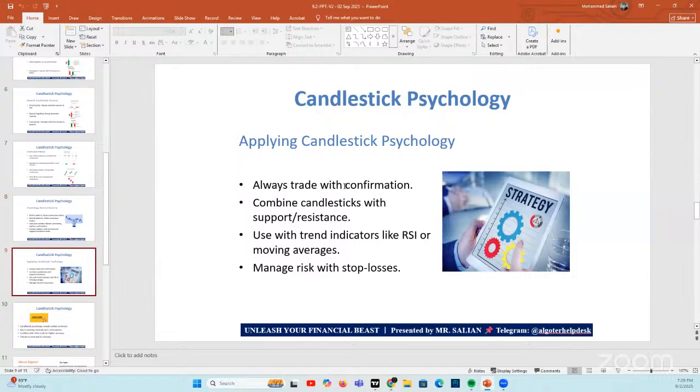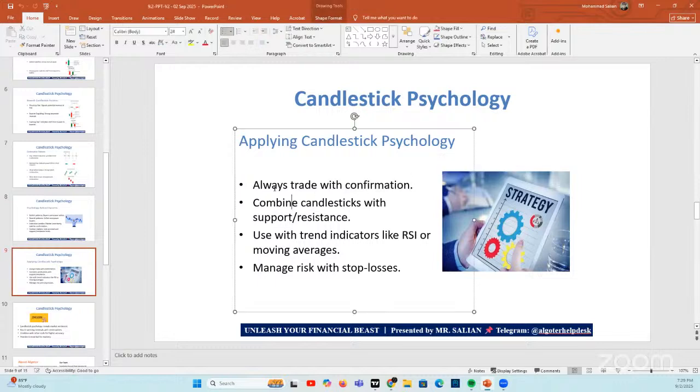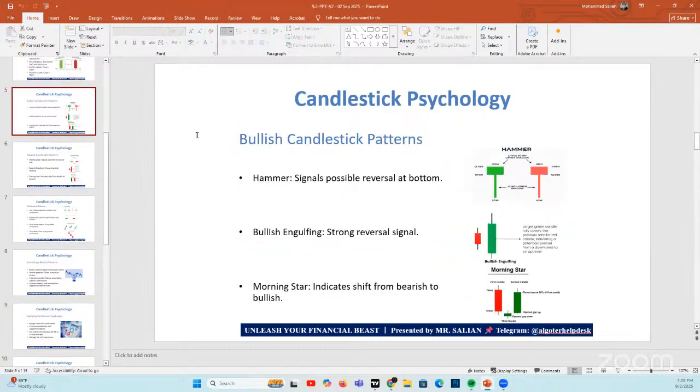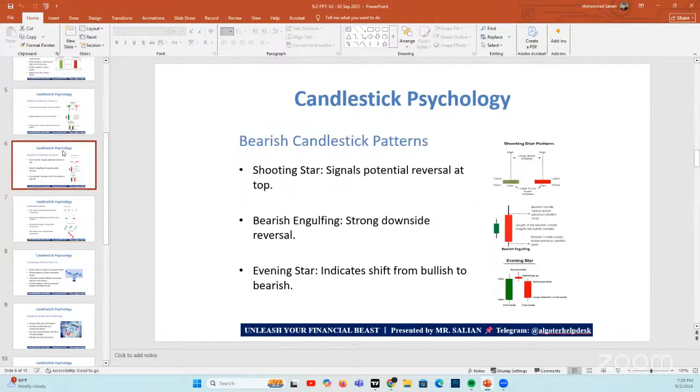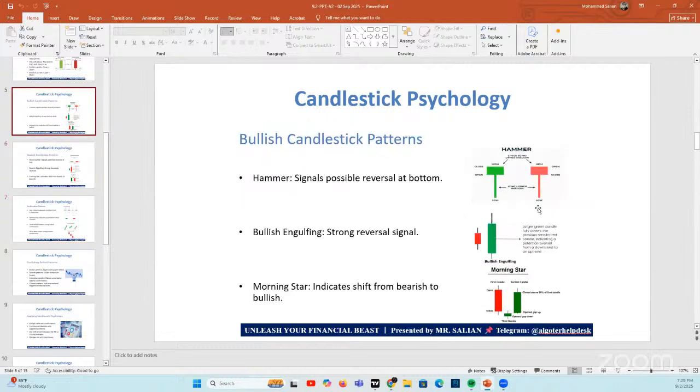Now, applying the candlestick psychology, always trade with confirmation. So what are the confirmations? Those patterns: the bullish engulfing, the bearish engulfing. That's all there is to it. Because when I see this one, this is my favorite entry confirmation. I will enter there.